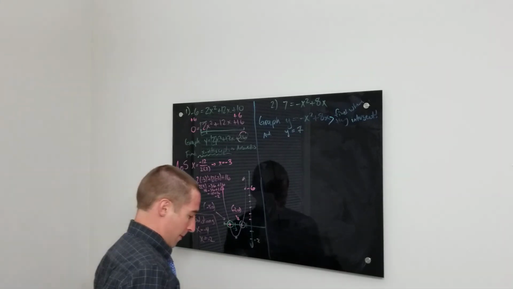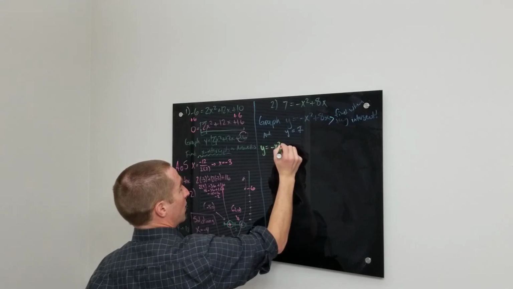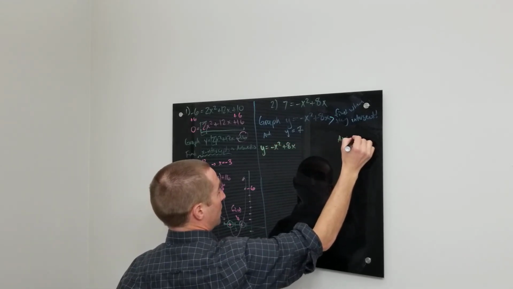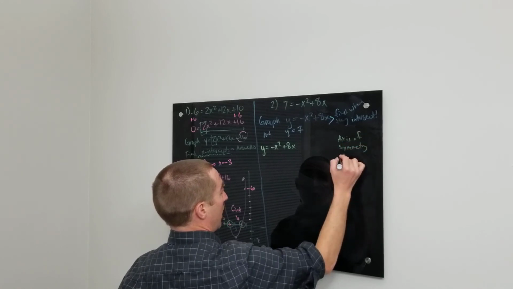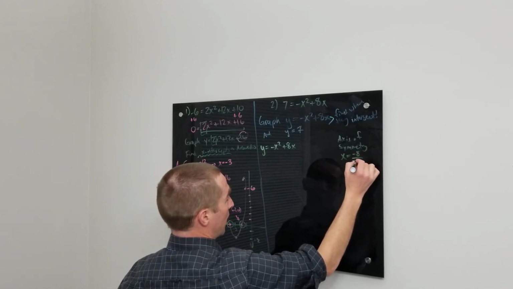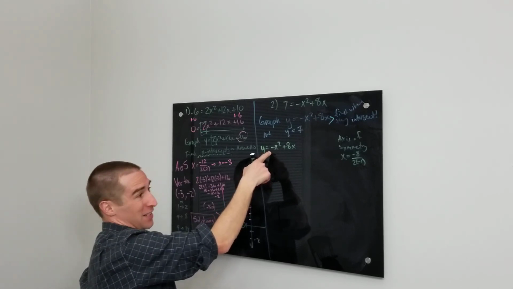So here we just have y equals negative x squared plus 8x. So I'm going to find the axis of symmetry at x equals negative b, so negative 8 over 2 times negative 1. Negative 1 is my a number because I have a negative x squared there.